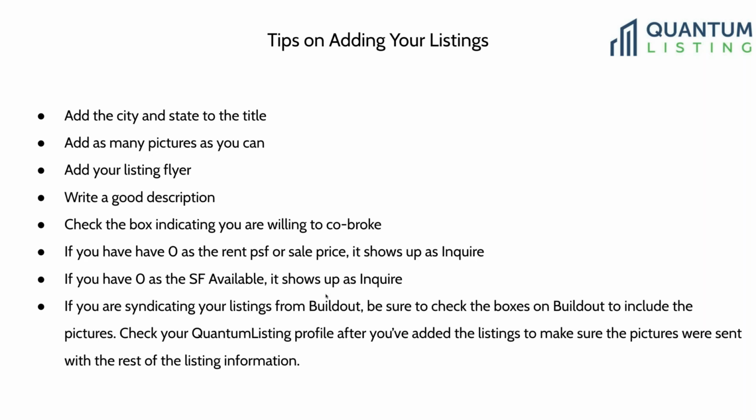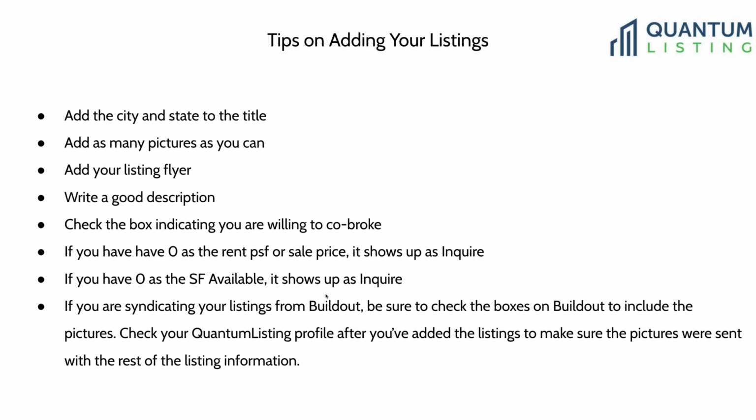Now, a lot of our listings come to us through the Build Out and Sharp Launch syndication. On the Build Out syndication, you can do a global checkbox that says that you own the rights to all the pictures you're adding, and it will then automatically flow through to us.